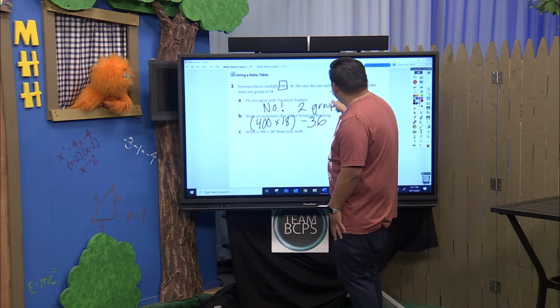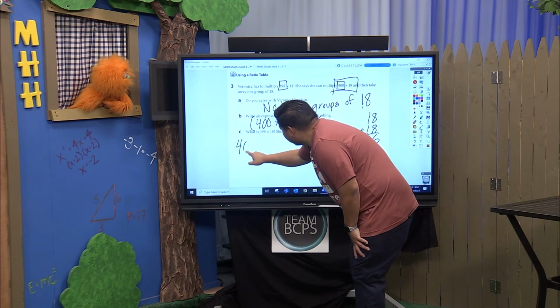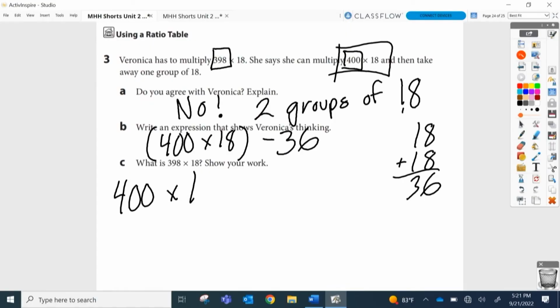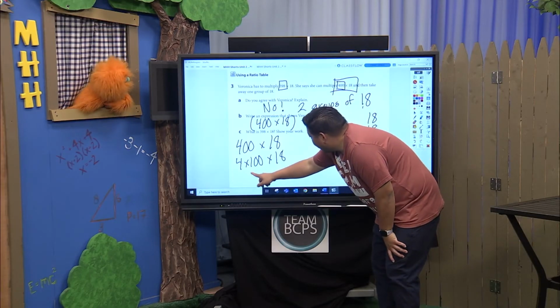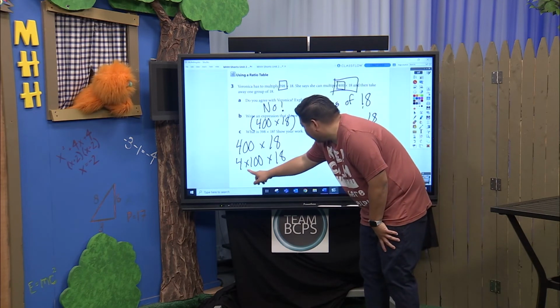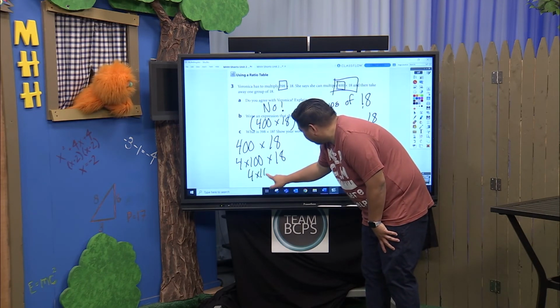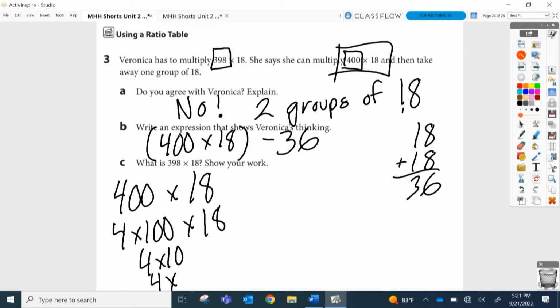If we have 400 times 18, we know that 400 can be broken up to 4 times 100. And we have 18 here. We can break the 18 up, so we can do 4 times 10 and 4 times 8. And we're going to multiply all that by 100.